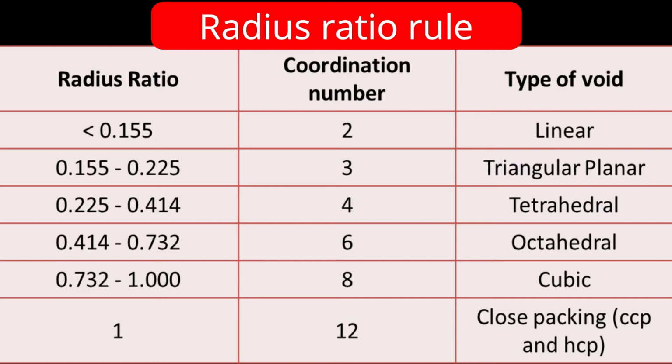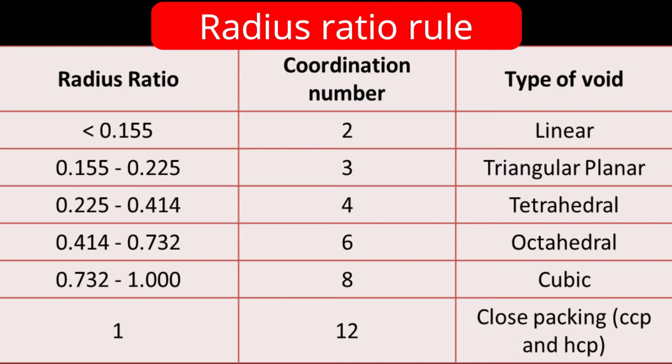If that ratio is less than 0.155, type of void, type of gap, type of hole will be linear. Coordination number will be 2. If it is between 0.155 to 0.225, type of void will be triangular planar and coordination number 3.